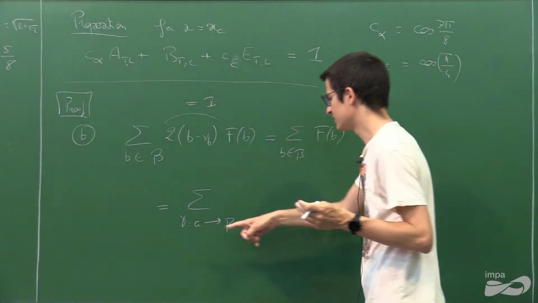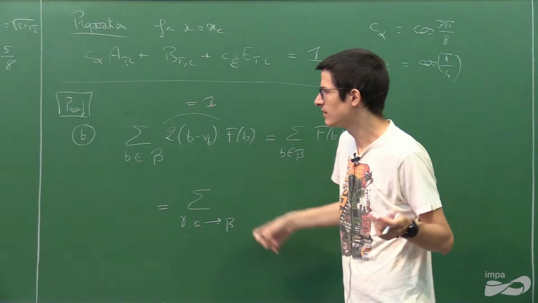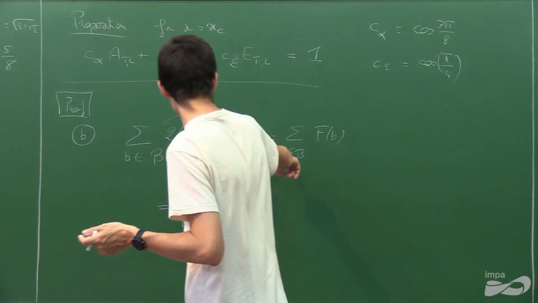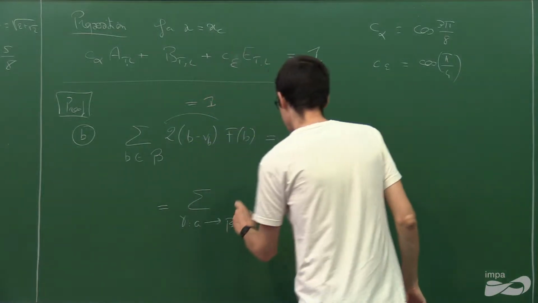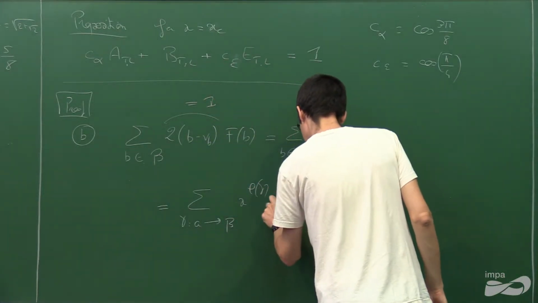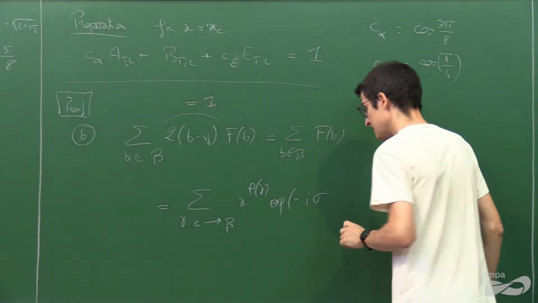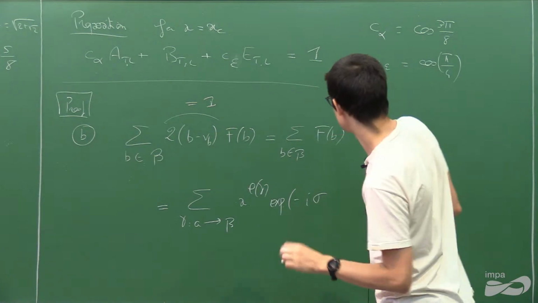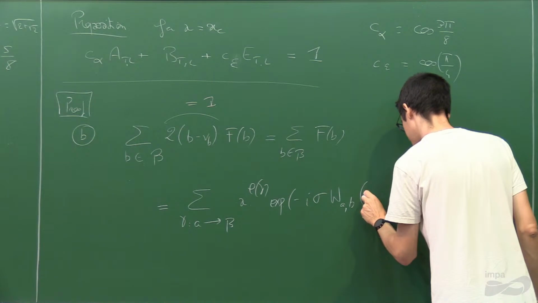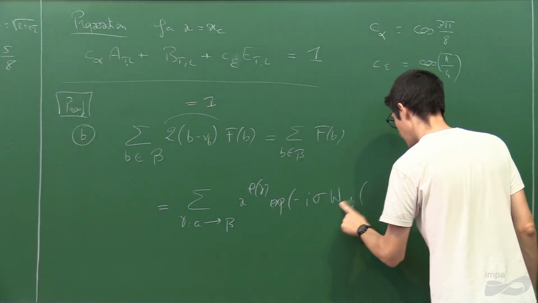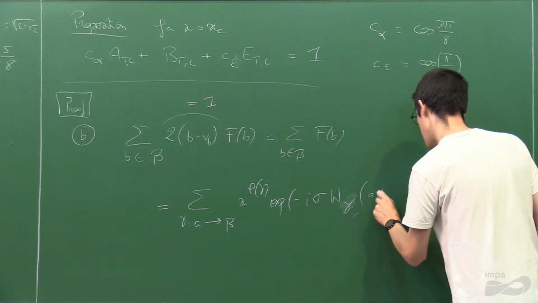What I mean here is really the paths that end up somewhere in this set, because I'm taking the sum over B in beta of the sum of the paths from A to B. And then I get x to the L gamma times exponential minus I sigma W gamma A B.